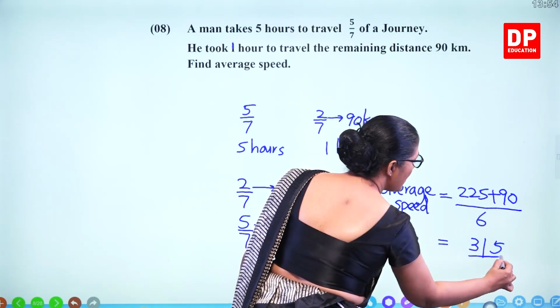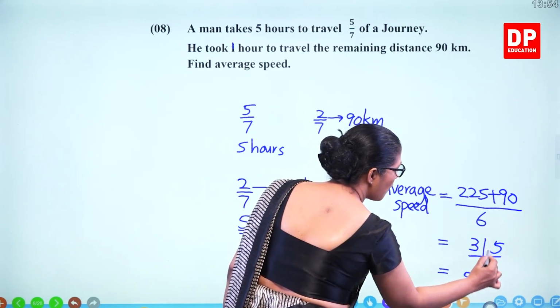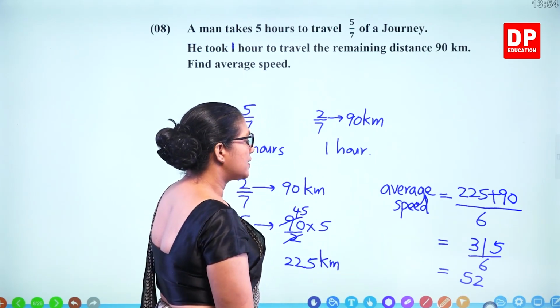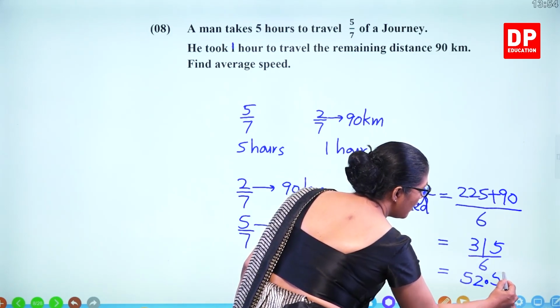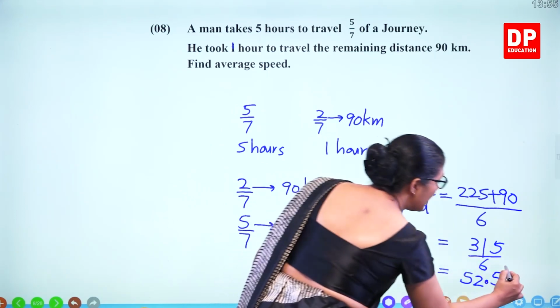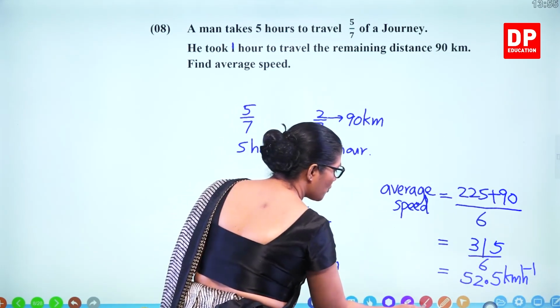That's 3. 315 divided by 6. 5, 30 for 15. That's 2. 6 times 2, 12 and 30. That's 5. 52.5. This is in kilometers per hour. So 2 marks for that.